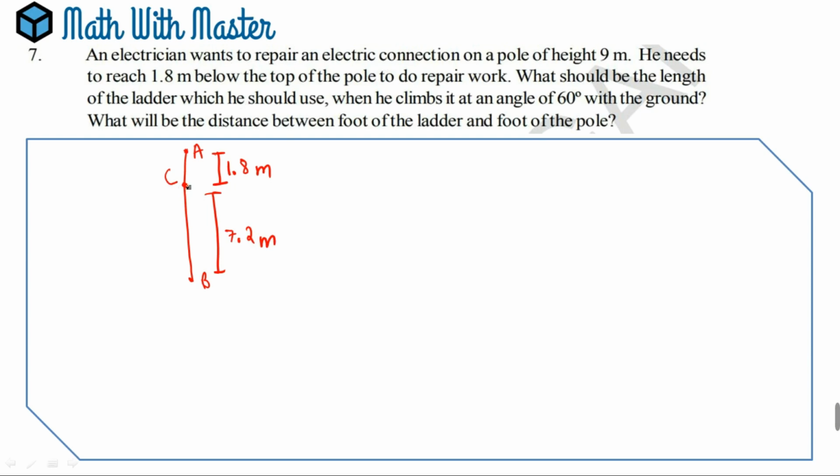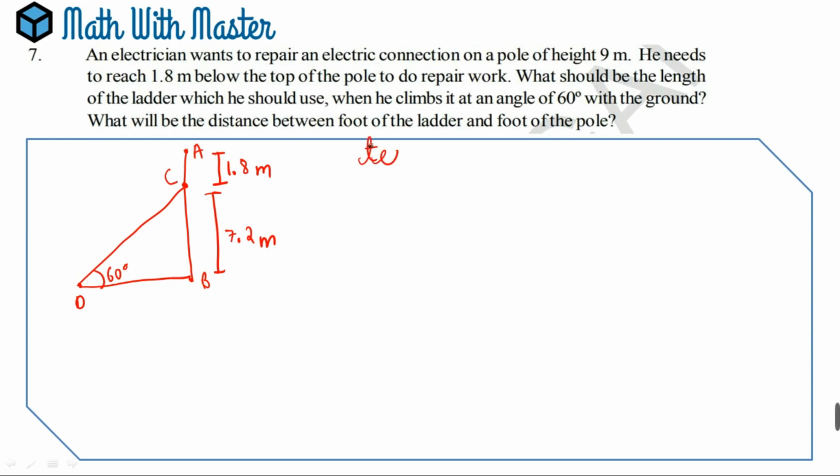What should be the ladder length which he should use when he climbs at an angle of 60 degrees with the ground? So from any point D, when he climbs with the ladder at a 60 degree angle, what should be the length of the ladder, which is CD? And what will be the distance between the foot of the ladder and the pole, which is BD?